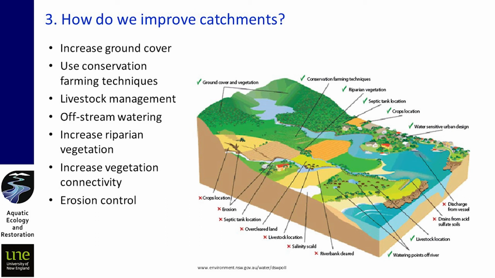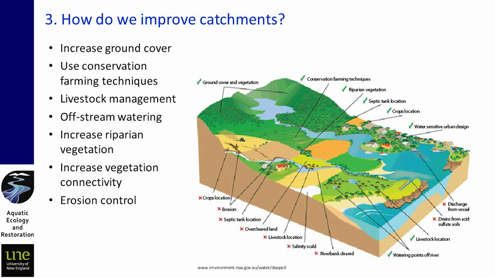So over time, connecting up those patches helps longitudinally with the reduction of sediments and nutrients into the stream, but it's also critically important for the animals that live in those riparian zones, so they can move over much larger distances when those patches are joined up.